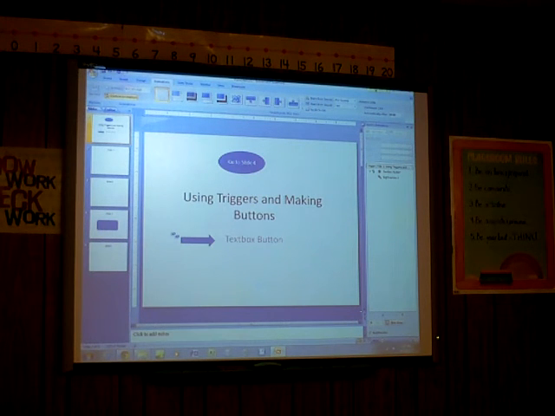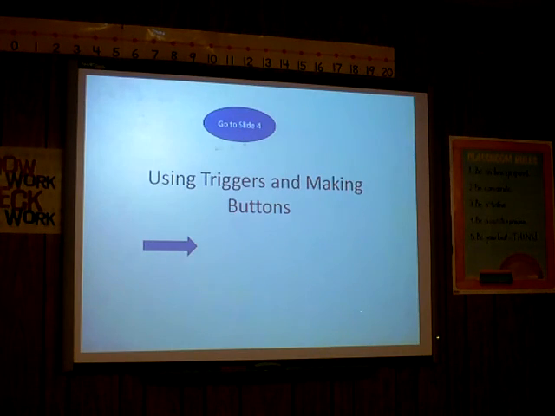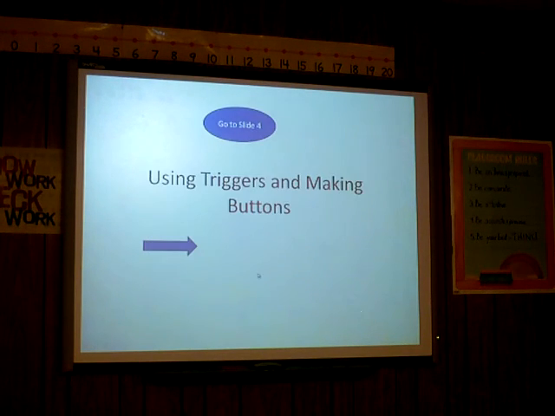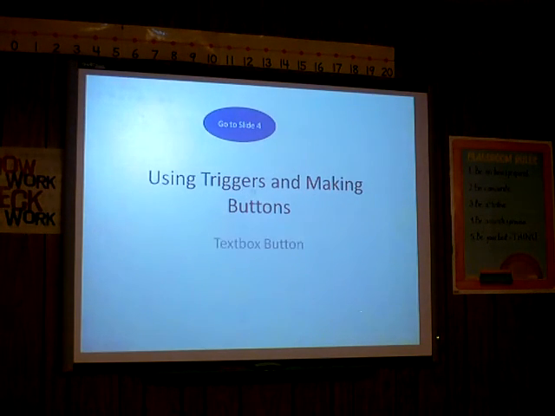Now, the only time it will change slides is when you have a button. So now I can click all over here. I can wait as long as I want, and it's never going to do anything. It's never going to leave this slide until I hit the button. And I can do different triggers.